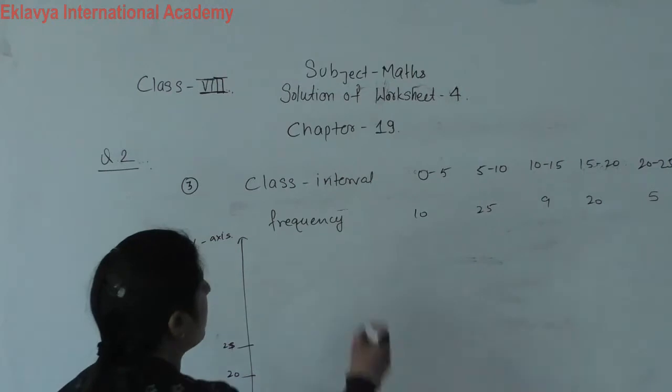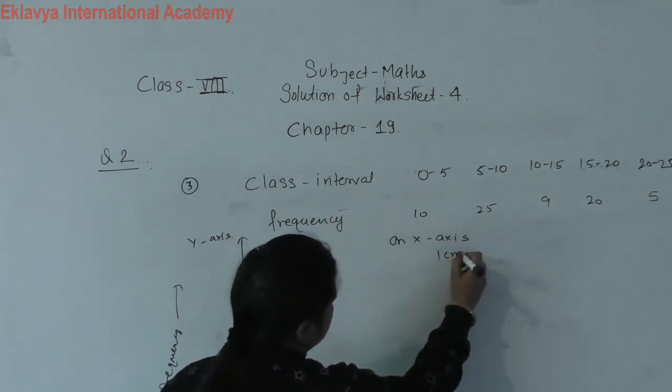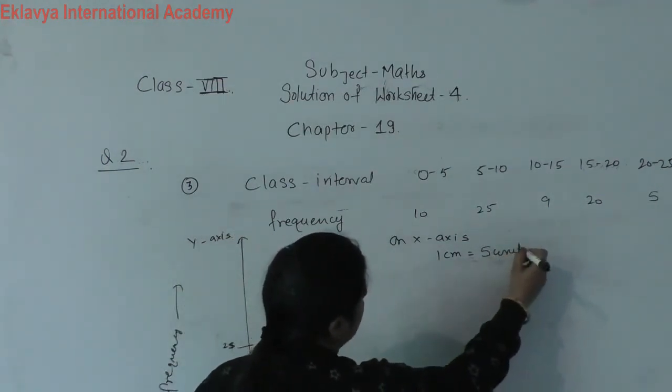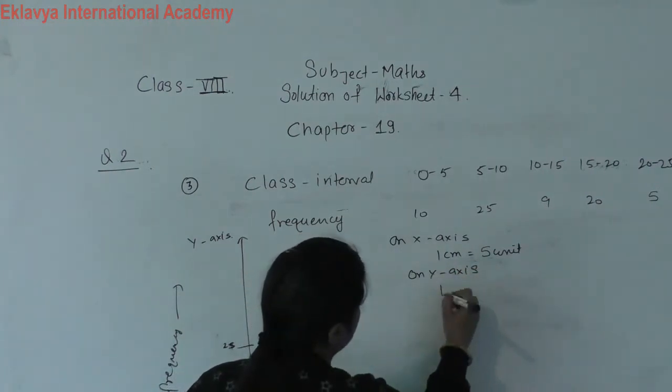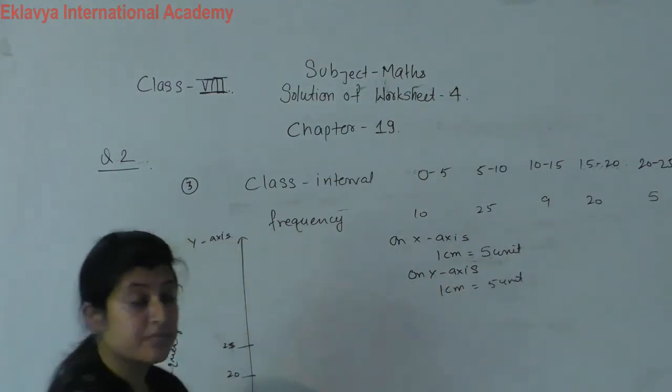Write down the scale: on the x axis, 1 centimeter is equal to a gap of 5 units. On the y axis also we take a gap of 5, so 1 centimeter is equal to 5 units.